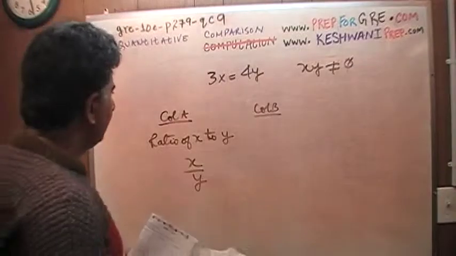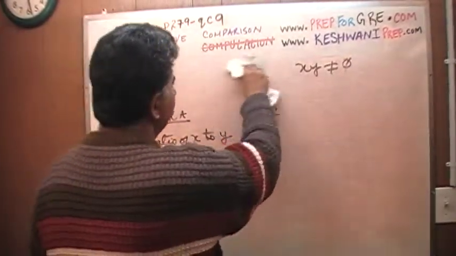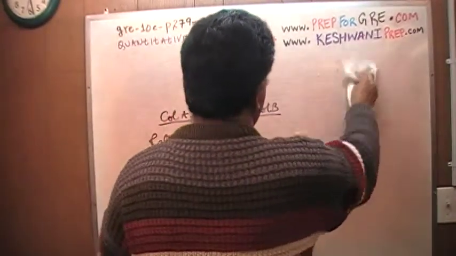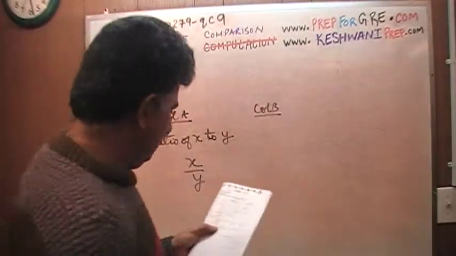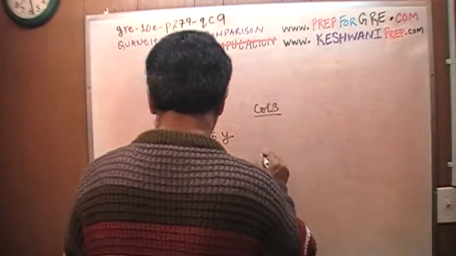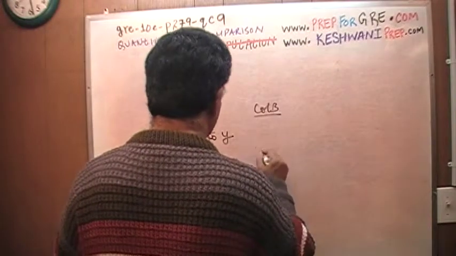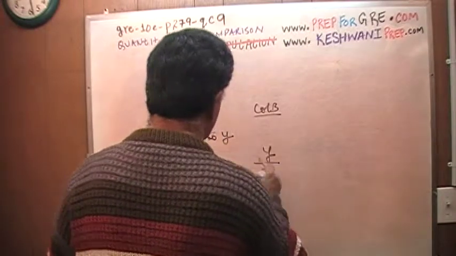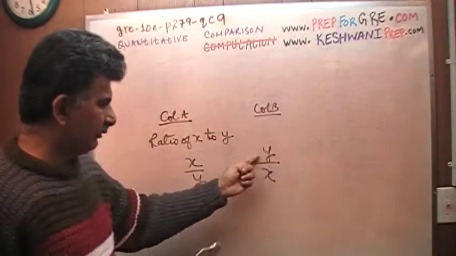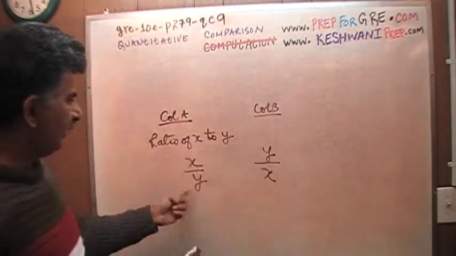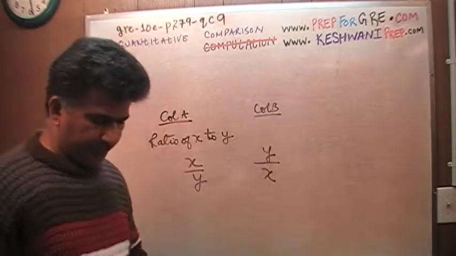We're going to have to rewrite this part over here. And here we have the ratio of y to x, which is y over x, and in column A, the ratio of x to y, which is x over y.